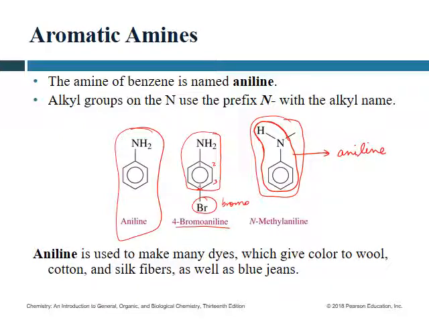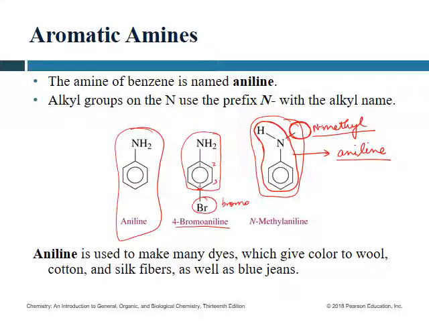Now we have this substituent, which is methyl, 1 carbon. Where is it located? On nitrogen, so it is N-methyl. So the name would be N-methylaniline. Okay, so naming is exactly the same, only difference is you have to remember this particular structure, that whenever there is a benzene ring with amine, it is aniline.